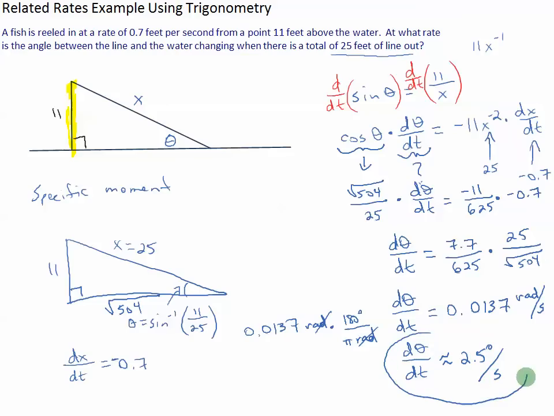So that's how fast our angle is changing. And it's a positive number, so our angle should be increasing as the fish gets closer. And we can see here, when the fish is closer, this angle is bigger than what it was before. So that answer seems to make sense. So there's an example of related rates using trigonometry and angles.